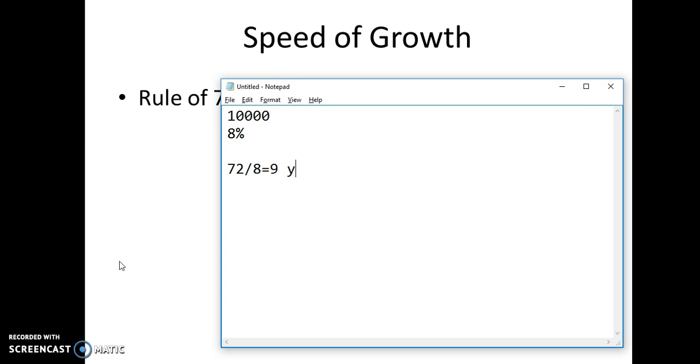So it will take 9 years to double your investment from 10,000 to 20,000. If you need to reduce the time, you will have to increase the rate of interest.